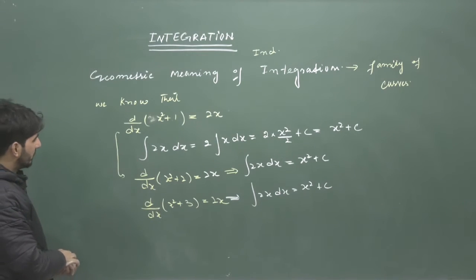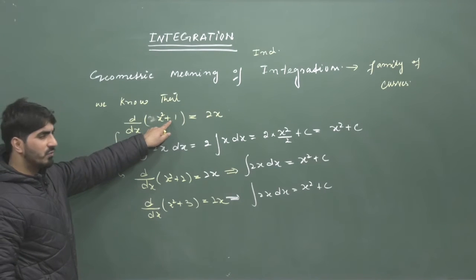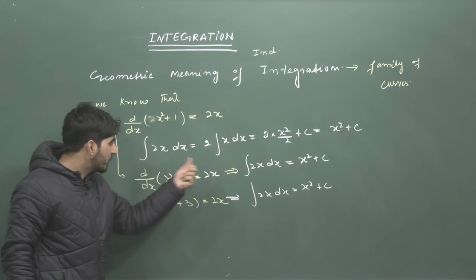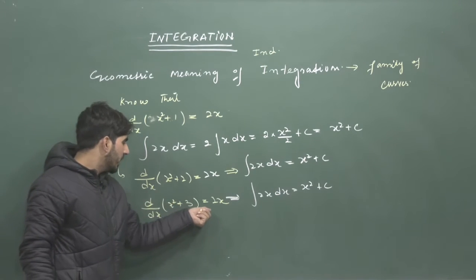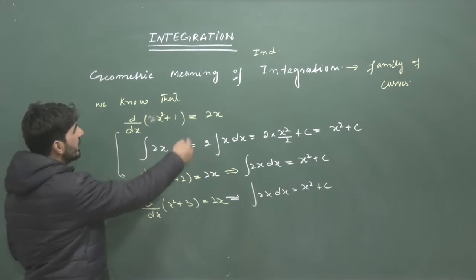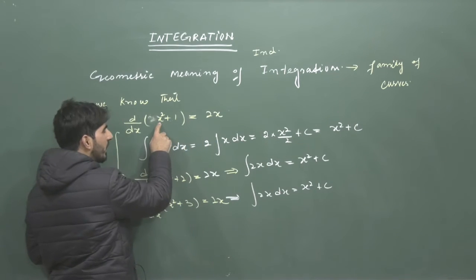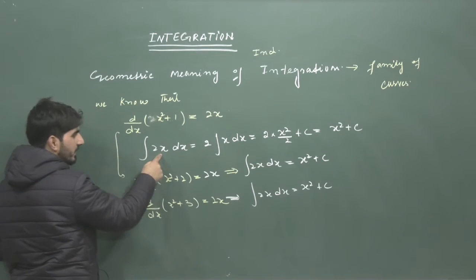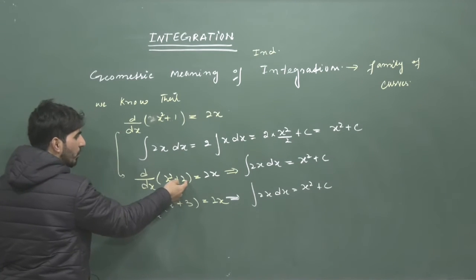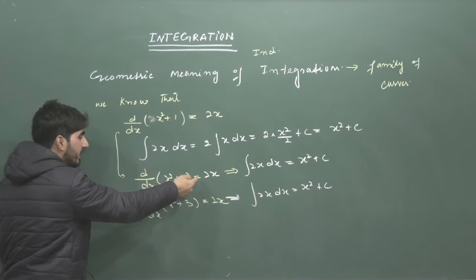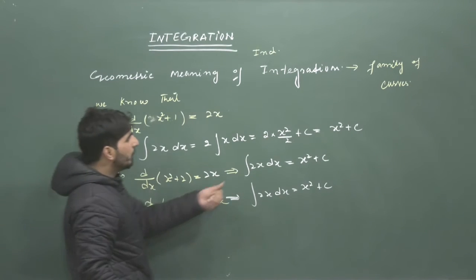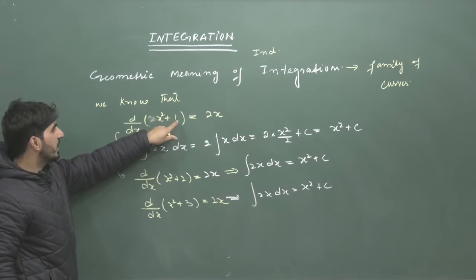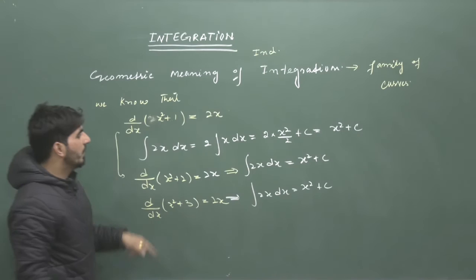Now here the differentiation of x square plus 1 is 2x, of x square plus 2 is 2x, of x square plus 3 is 2x. The integration of 2x may be x square plus 1 or x square plus 2, that is why we write c, because the differentiation of constant is 0.